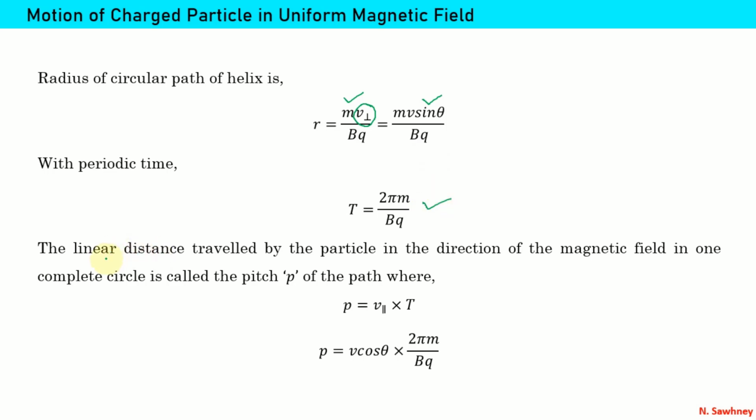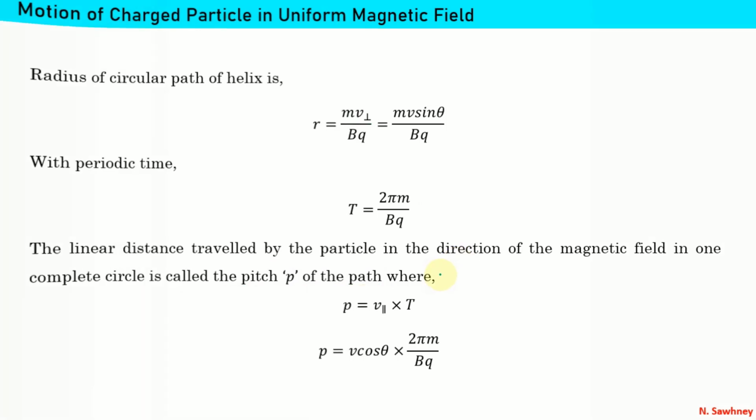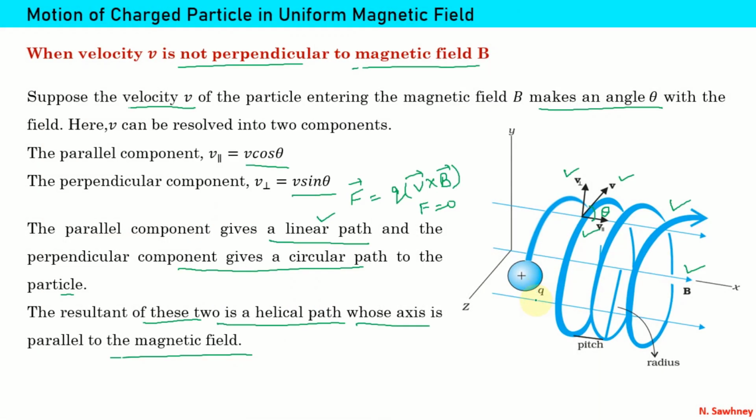The linear distance travelled by the particle in the direction of the magnetic field in one complete circle is called the pitch of the path or the pitch of the helix. See here, this is the pitch, that is in one complete revolution the particle is covering this much distance. So this distance is termed as the pitch of the helix or the pitch of the path.